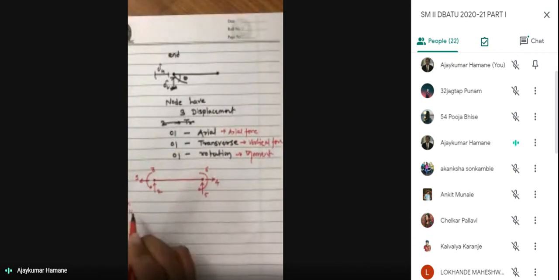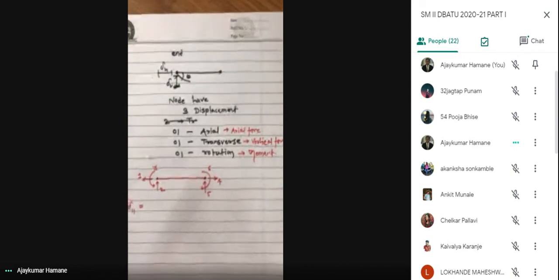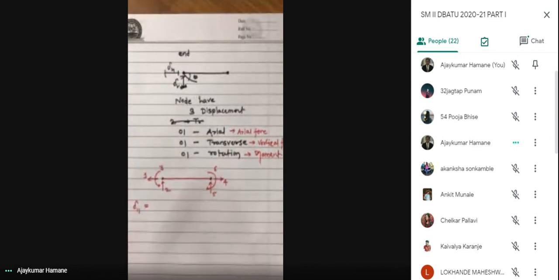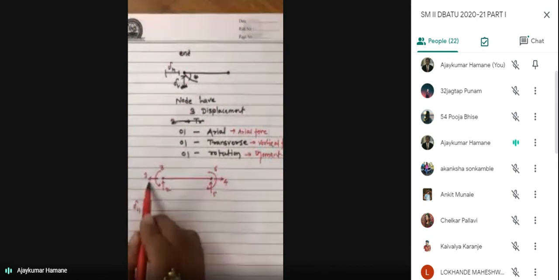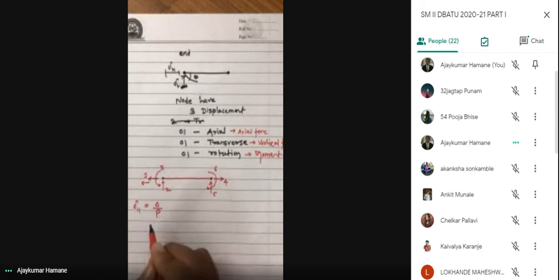Now what is delta 1,1? This is the flexibility. Delta 1,1, remember: 1 is the horizontal axial displacement. This is the displacement required per unit force.